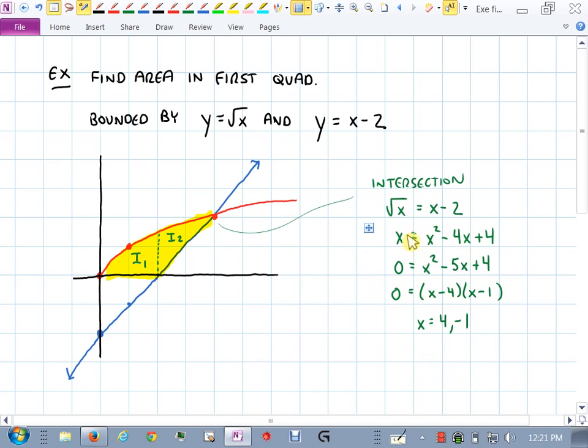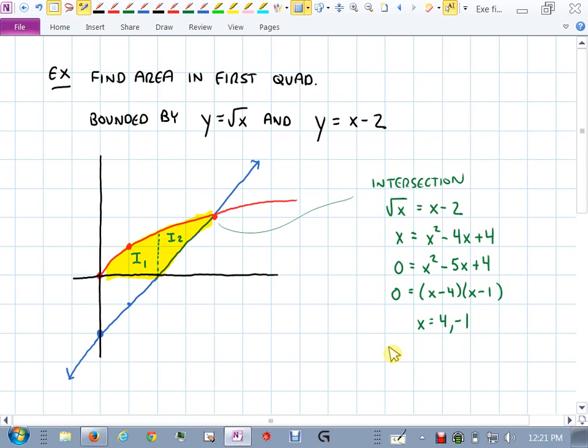That was worth seeing again? Yeah? Okay. Now, one of these solutions doesn't work. Negative 1, right? Because your square root function doesn't go there. This is the thing in college algebra hopefully they told you about, and that's whenever you square an equation, you're allowed to do it, but you introduce the possibility of extraneous solutions, answers that don't work.